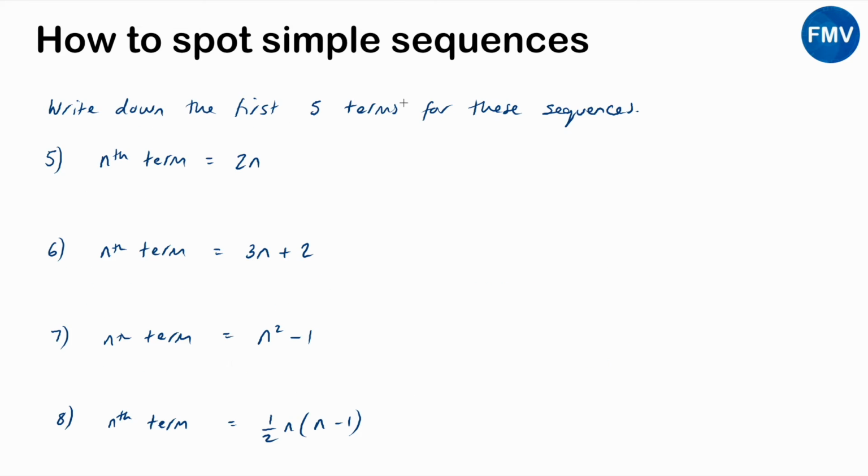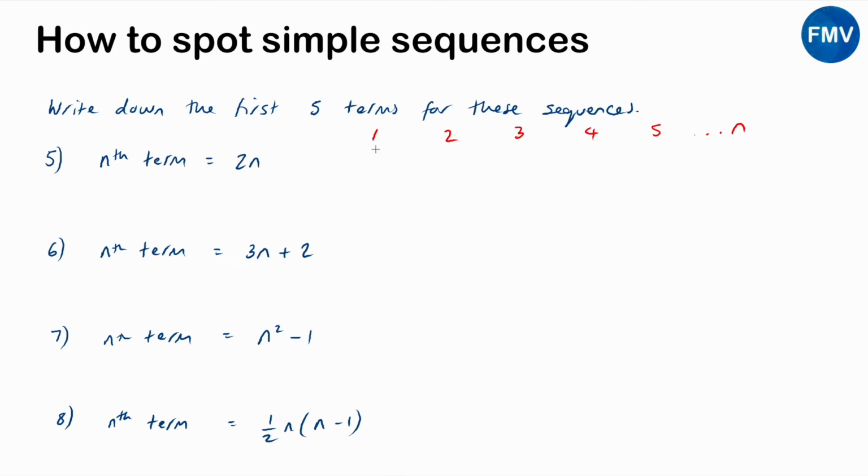Let's move that forward. So in this case, rather than find the basic term, we're going to write down the first 5 terms for each sequence. So we're introducing here something called the nth term. Well, the nth term means the value in the sequence at the position n. Well, position n is any position you decide. So if I want the first 5 terms, n is equal to 1, then 2, then 3, then 4, then 5.